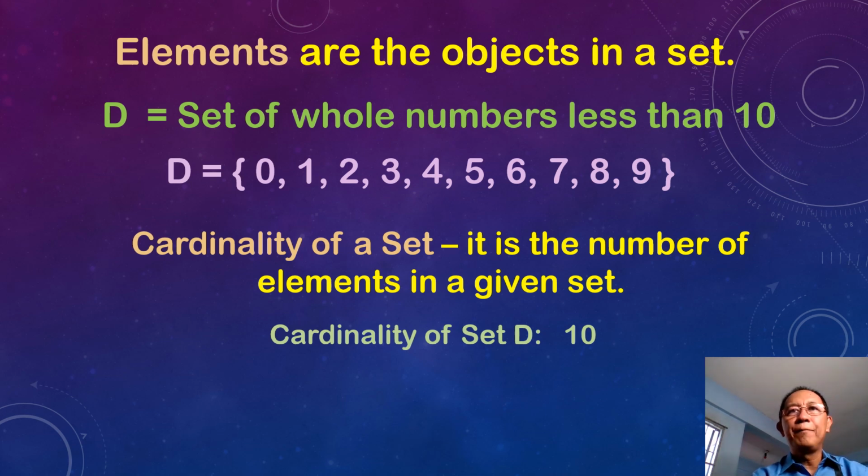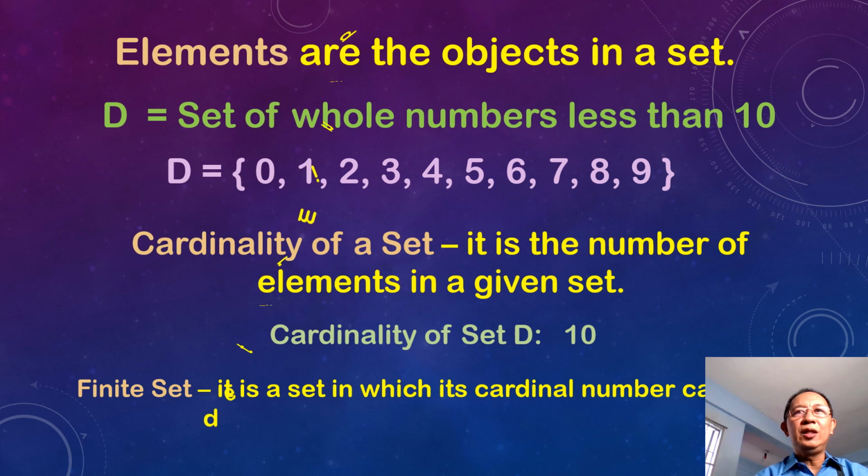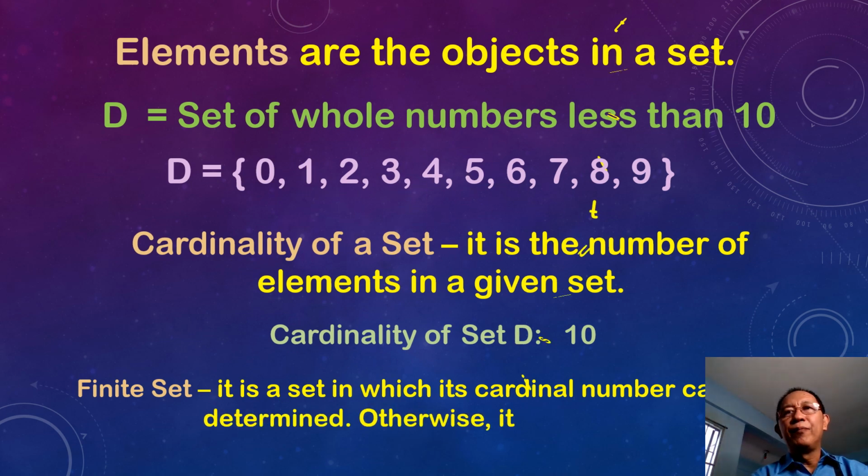Since we can count the number of elements of set D, therefore it is a finite set. A set is finite if we can count the number of elements, or if we can determine the cardinal number of that set. Otherwise, it is infinite.